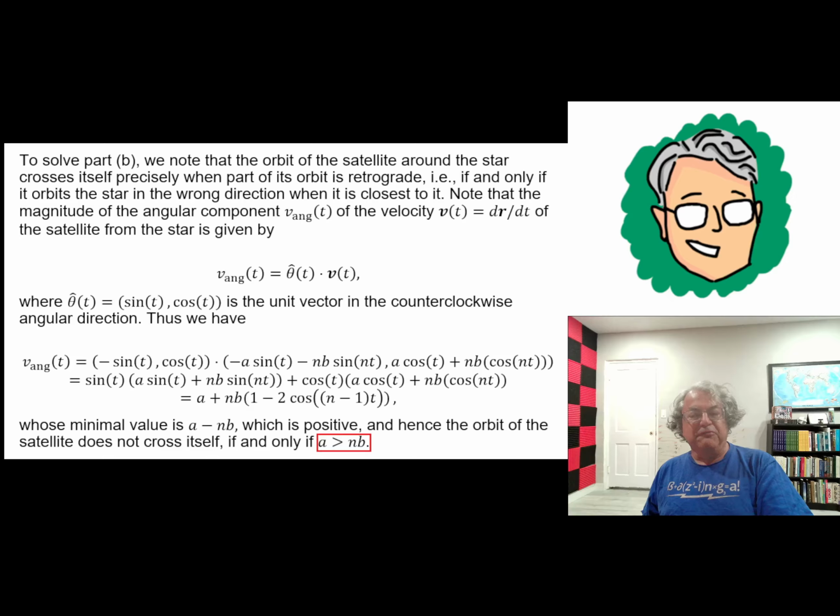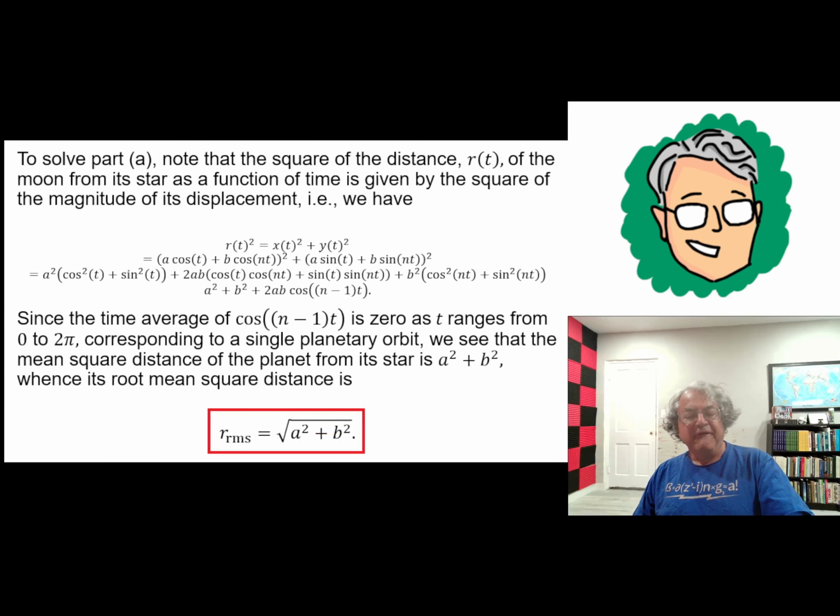We want to find the necessary and sufficient conditions for the orbit to intersect itself, and I think you should note that the orbit intersects itself if and only if at least part of the motion is retrograde. So let's just go back to a couple slides here.